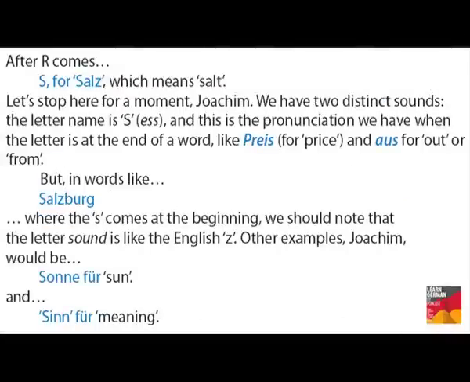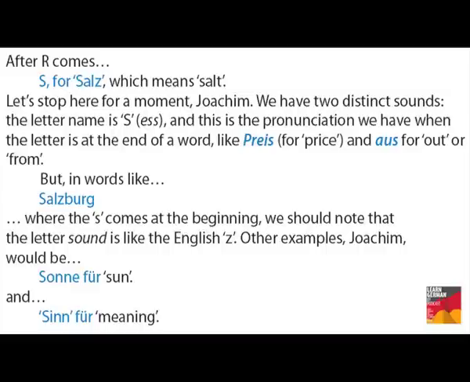After R comes, S for Salz, which means salt. Let's stop here for a moment, Joachim. We have two distinct sounds. The letter name is S. And this is the pronunciation we have when the letter is at the end of a word, like Preis for price and aus for out or from.